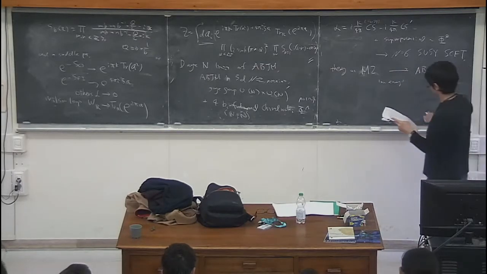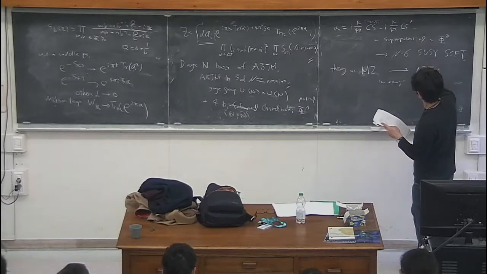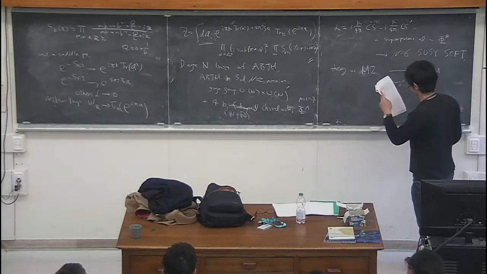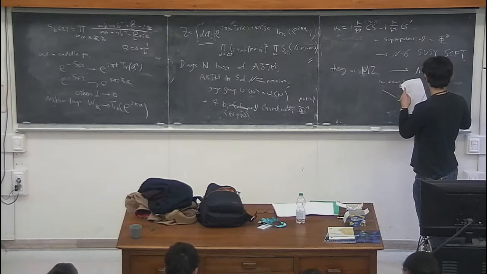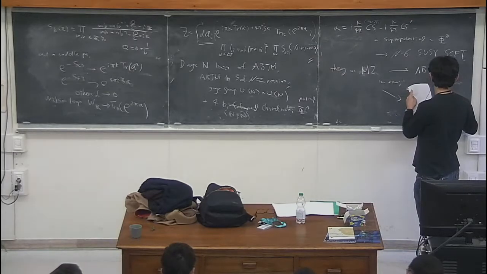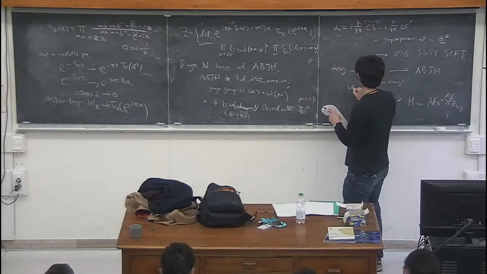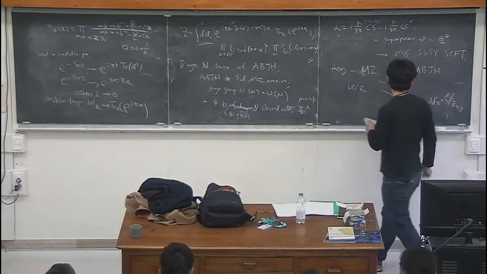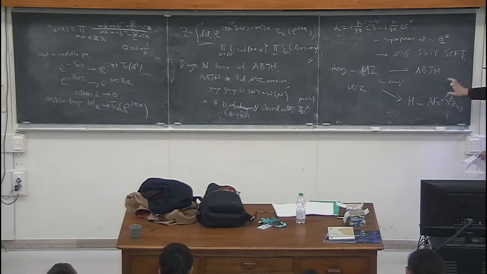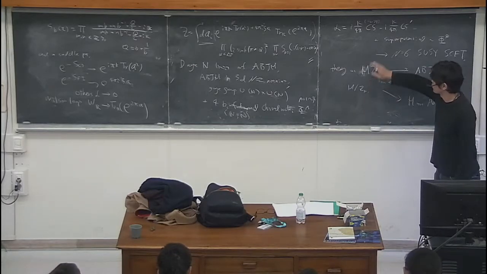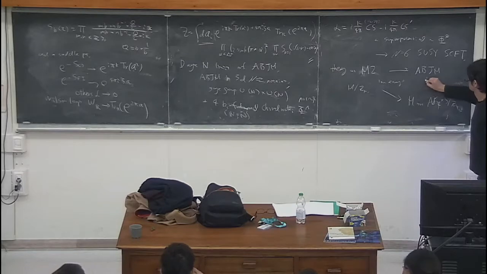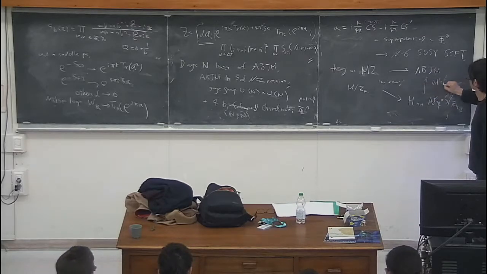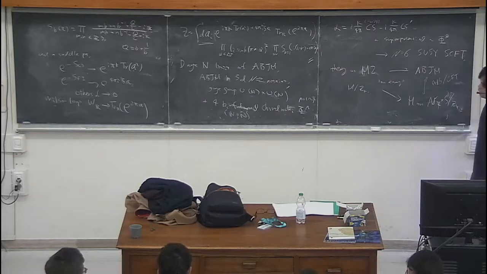It is claimed on the supergravity side that this becomes M-theory on AdS4 times S7 over Z_k. If you don't want to consider this, just consider the k equals 1 case, then this factor is nothing, so this is AdS4 times S7. So this theory and this theory should be AdS/CFT dual. These two should be the same.